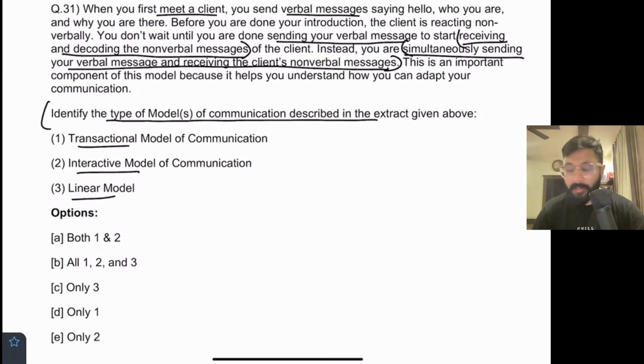तो कौन से मॉडल की यहाँ पे बात हो रही है? Which model of communication are you talking about here? Question number 31.